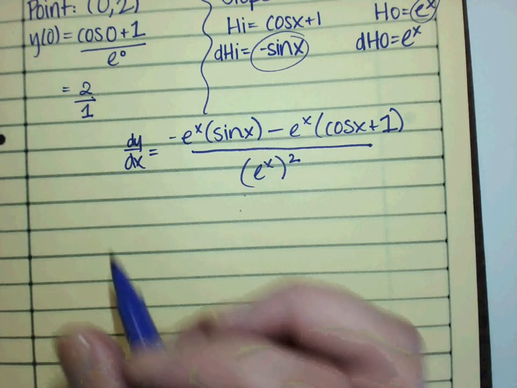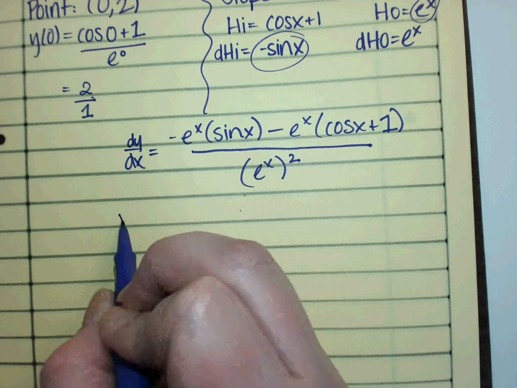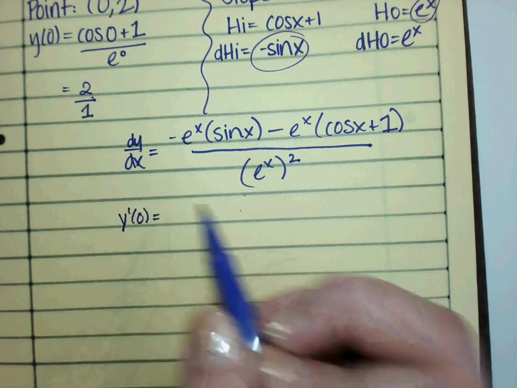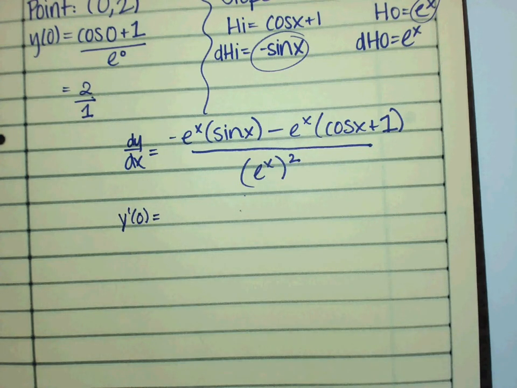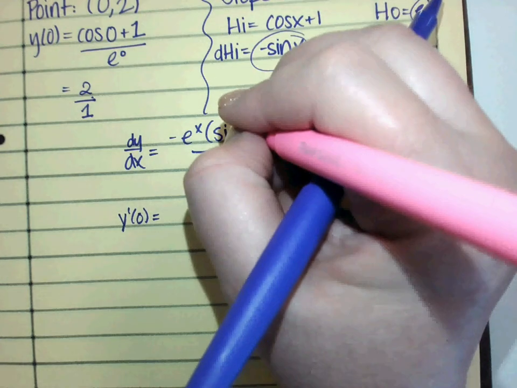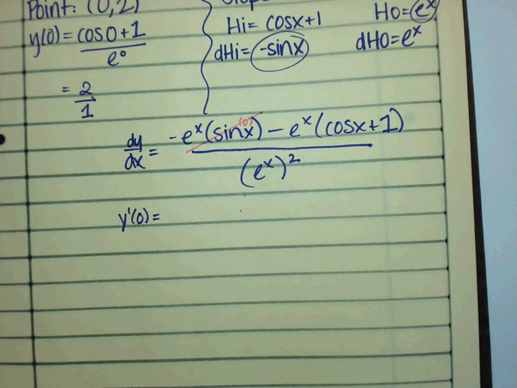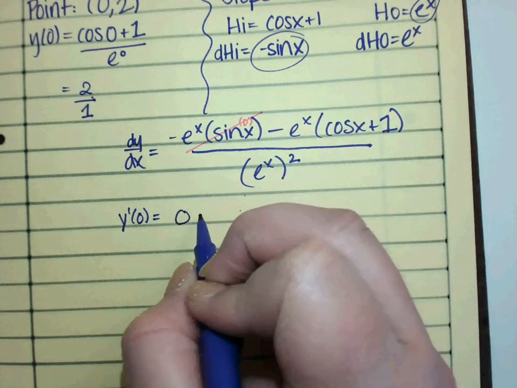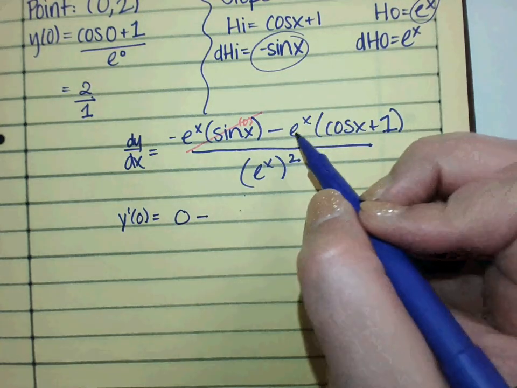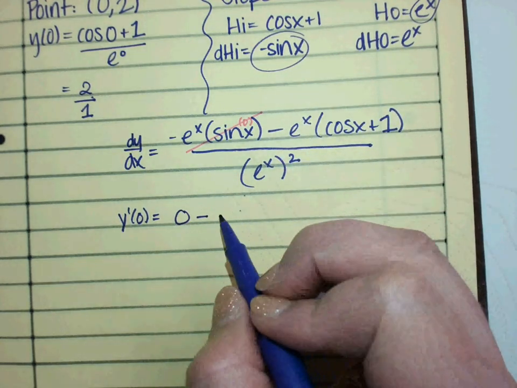We're plugging in a number. So as we plug in a number, we'll call it y prime of 0 equals. What is the sine of 0 for this term right here? That whole thing is 0. So it's basically going to cross out. If you have a sine of 0, that cancels that part of the product out. Okay, so I just have 0 minus. Then e to the 0 here is a 1.